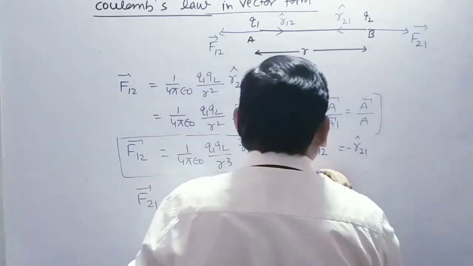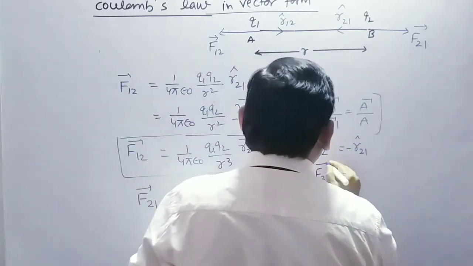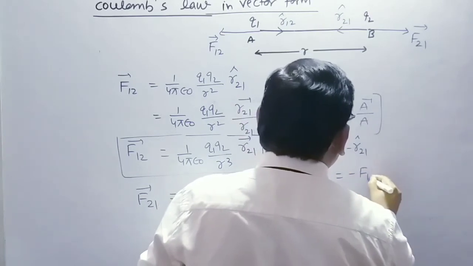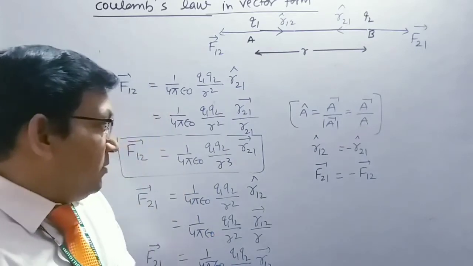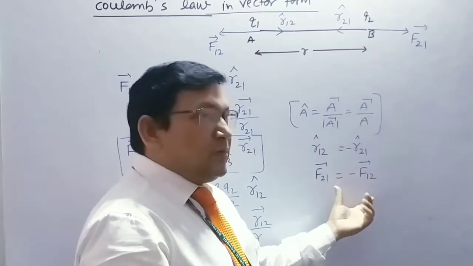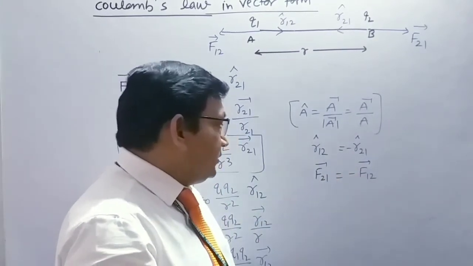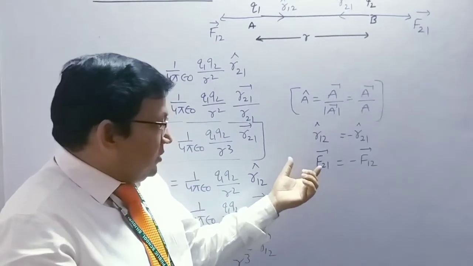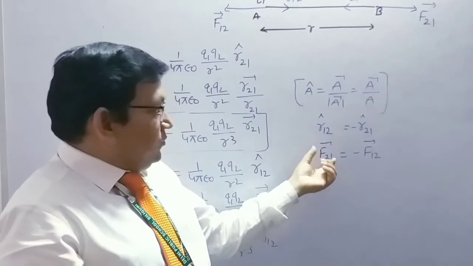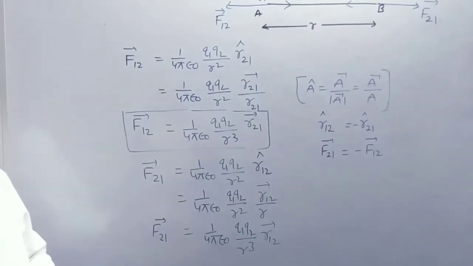So therefore the force F21 can be written as minus F12. So what conclusion are we getting? The two forces are equal in magnitude but opposite in direction, and this equation represents that Coulomb's law also follows Newton's third law.